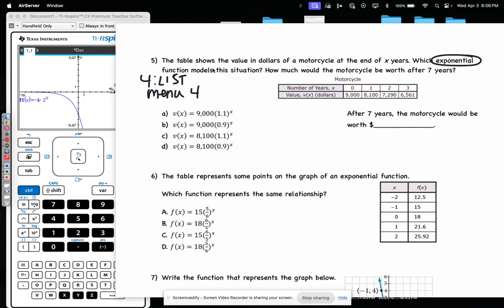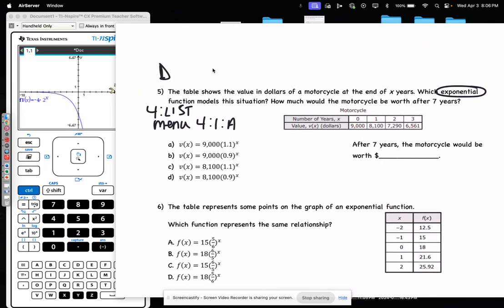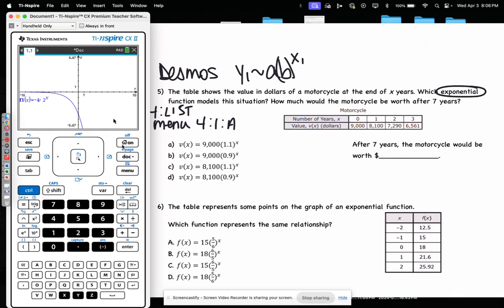We're going to do menu 4.1a, or if you're putting this into Desmos, you would add your table, and then you would type in y1 squiggle ab to the x1 power. So I'm going to have my calculator right here.